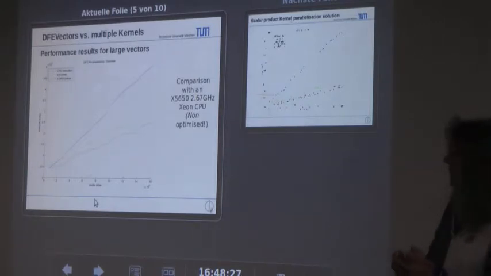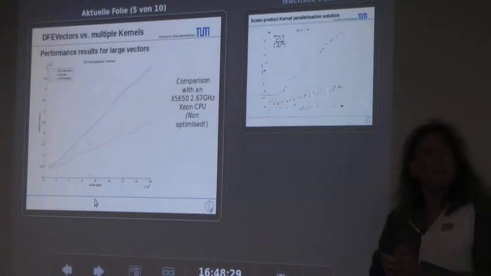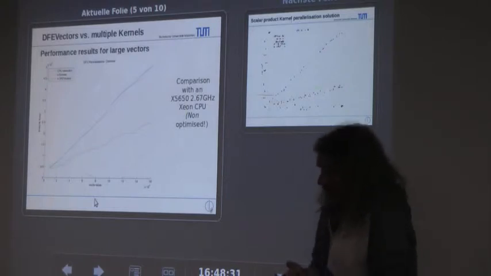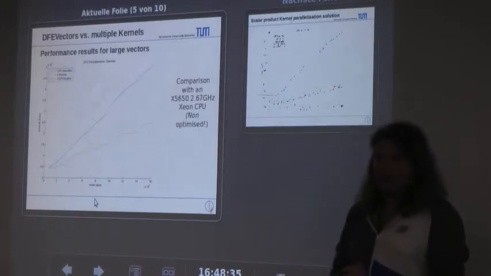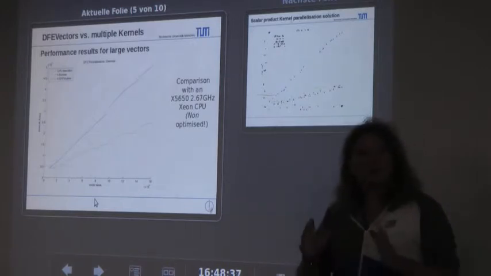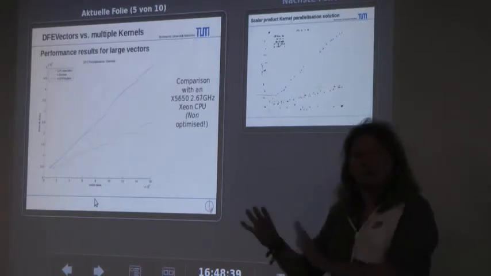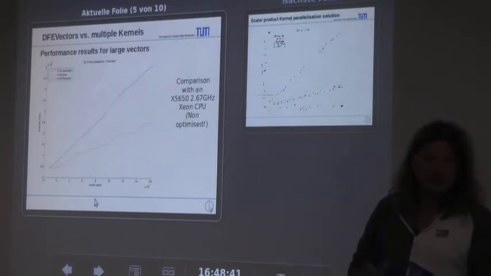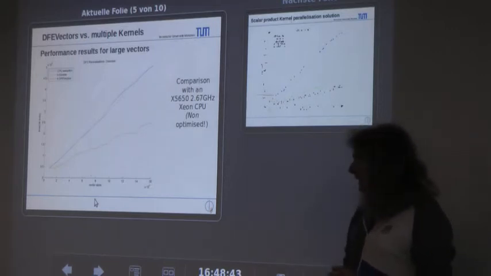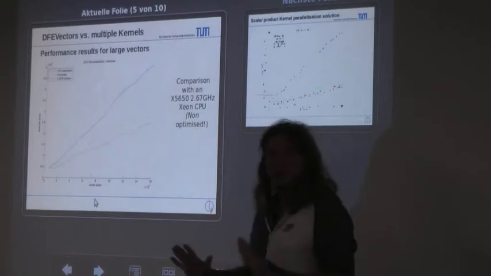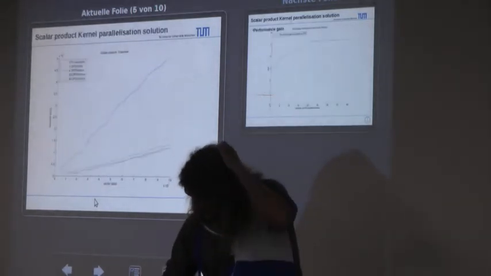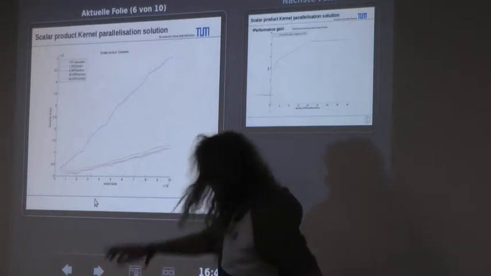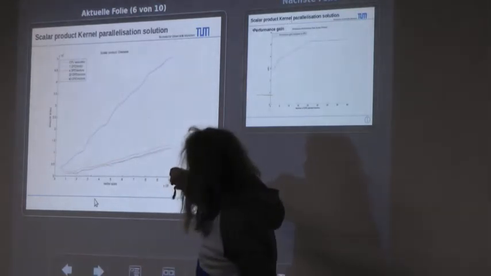So Tamas did the comparison with the MKL implementation, and his first approach on the Maxeller architecture was still 1.5 times faster than the MKL implementation. And this, of course, is not yet very much optimized because he just started his student project. Here are some more experiments he did.